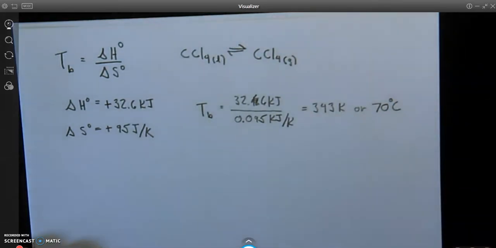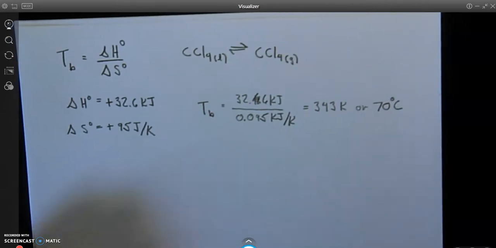So we can actually use that equation we were looking at before at a phase change to figure out what temperature that would be by using their standard values at 25 degrees Celsius.